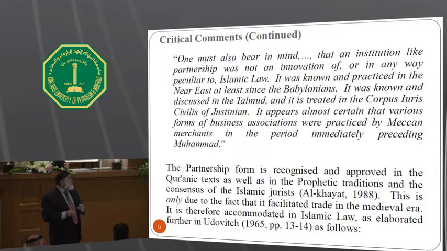It appears almost certain that various forms of business associations were practiced by Meccan merchants in the period immediately preceding Muhammad. The partnership form is recognized and approved in Quranic texts as well as the prophetic traditions and the consensus of the Islamic jurists. This is only due to the fact that it facilitated trade in the medieval era. It's further accommodated in Islamic law, as elaborated further in Udovitch as follows.